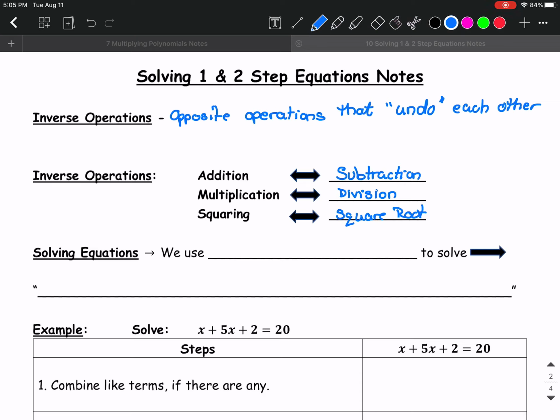They undo each other. If you add 2 and then you subtract 2, you have basically done nothing. It's like turning on the lights and turning off the lights. You're still in the dark. Okay? So when we solve equations, we use inverse operations.